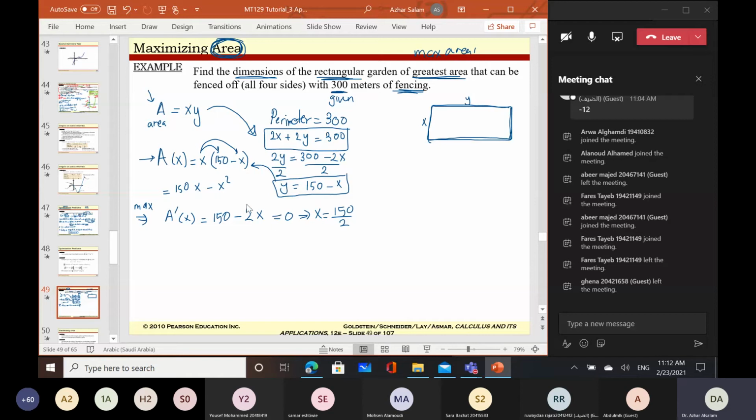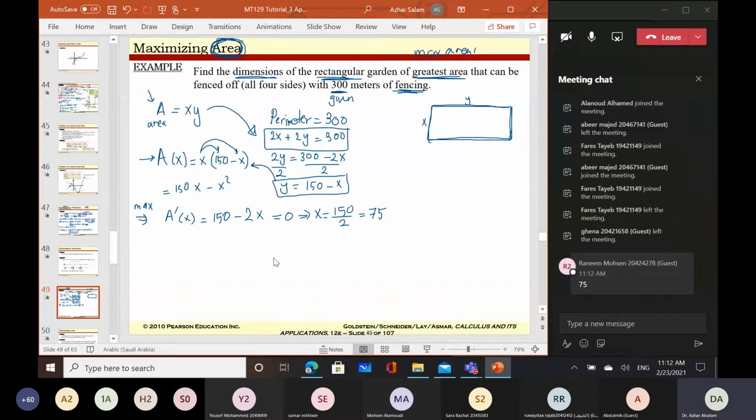هنا بعد ما سويت بالصفر نقلت 2x إلى الطرف الثاني فصارت positive 2x equal to 150 وقسمت على معامل الx, which is 75. Okay, so I have that x equals 75, right? It's 75. Okay, this is the first dimension.